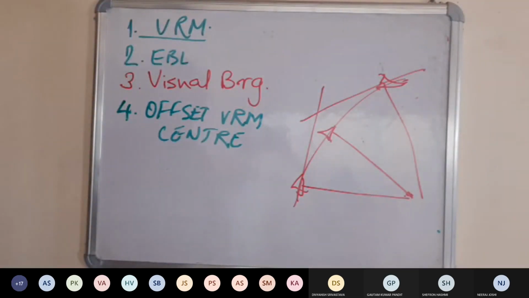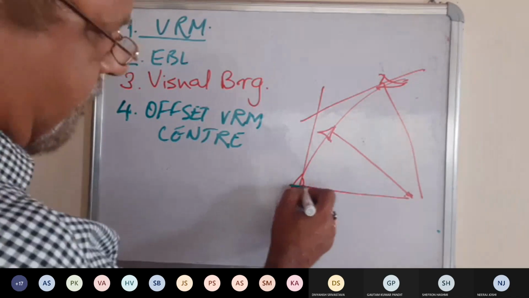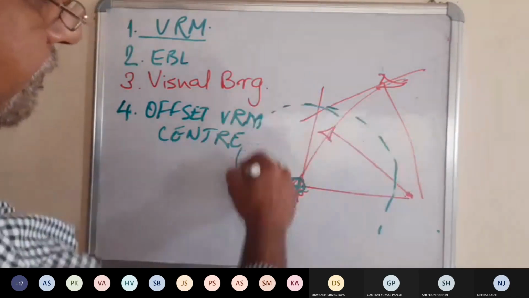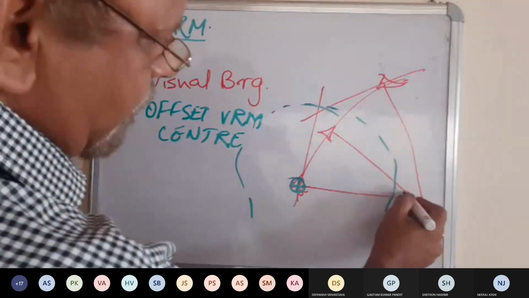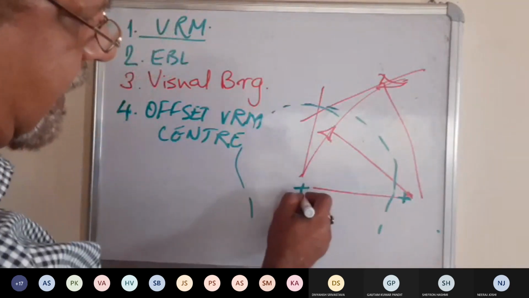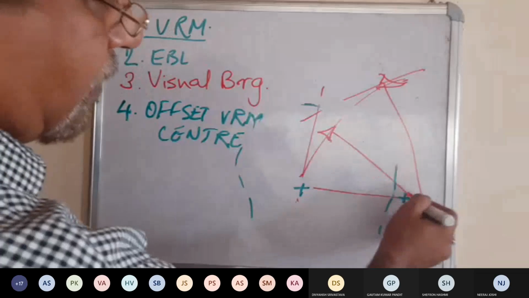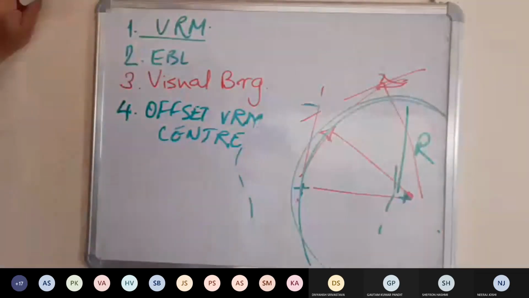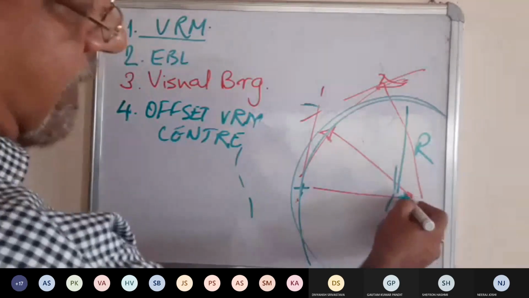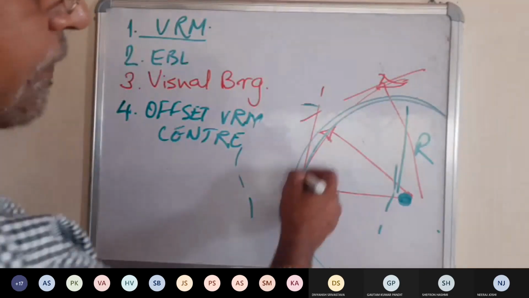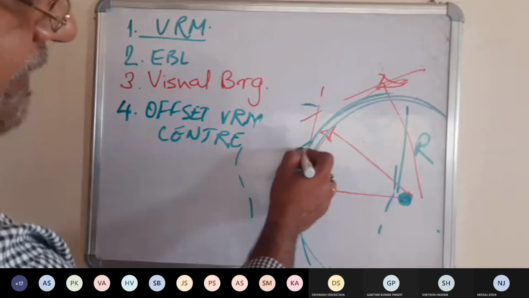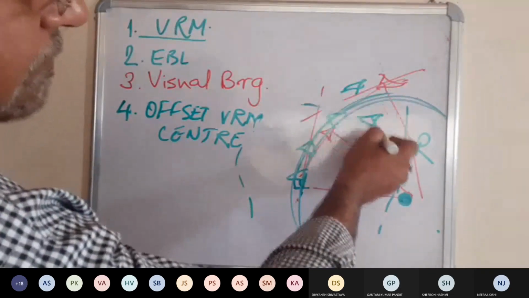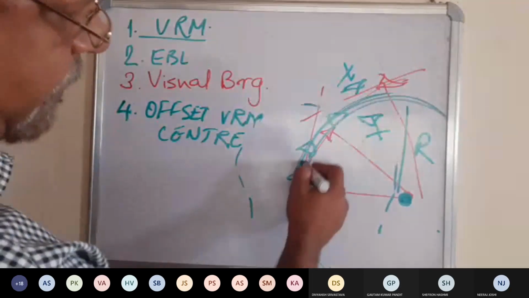फ्लोटिंग VRM और ऑफसेट VRM। हमारा VRM जहाज यहाँ पे है, VRM को हमने यूं रखा है। हम इसका सेंटर उठा के यहाँ पे कर देंगे VRM का, जहाज यहीं रह जाएगी। हमारा जो VRM है वो ऐसा बन जाएगा, रेडियस के बराबर का VRM। सो VRM का सेंटर यहाँ हो गया। हमारे पास एक टर्निंग ट्रैक है, जस्ट जहाज को हमें इस ट्रैक पे रखना है, इससे इधर नहीं जाए। We have to just keep it on the track.